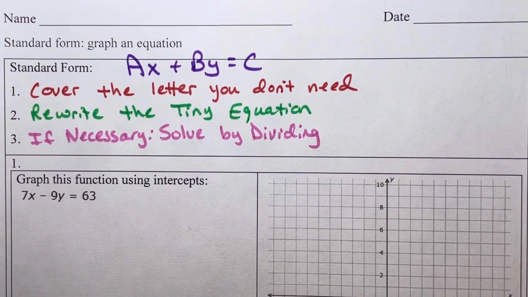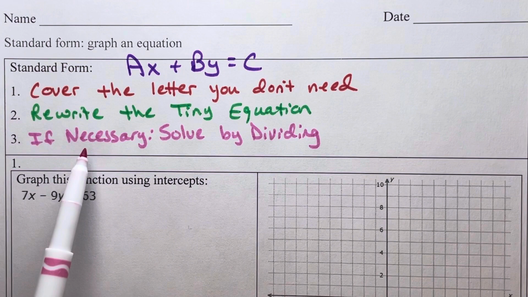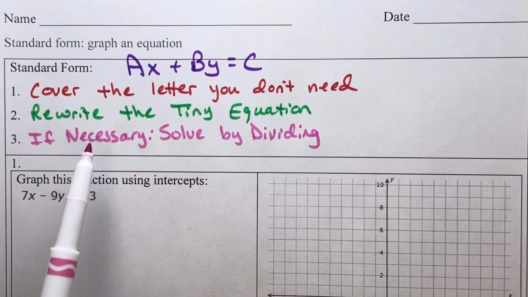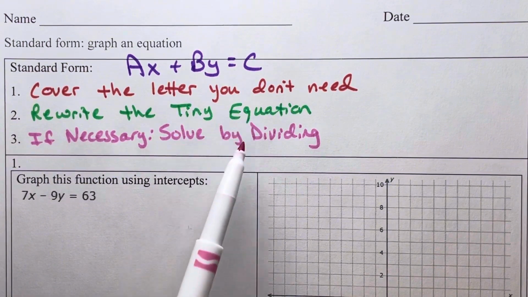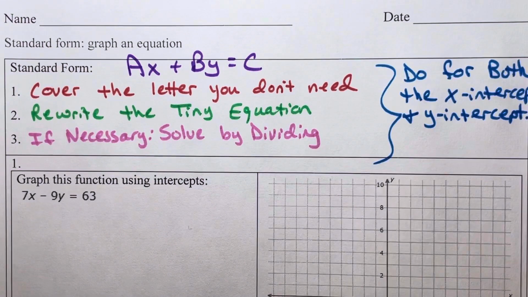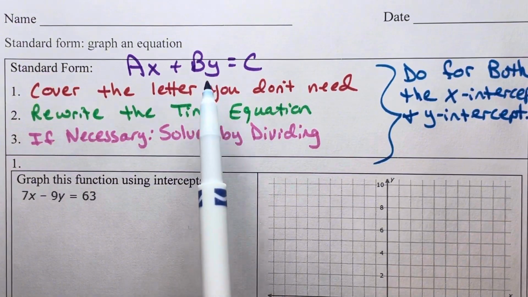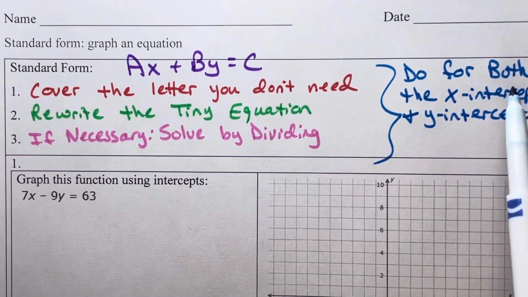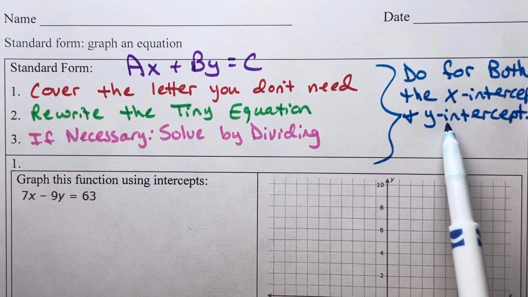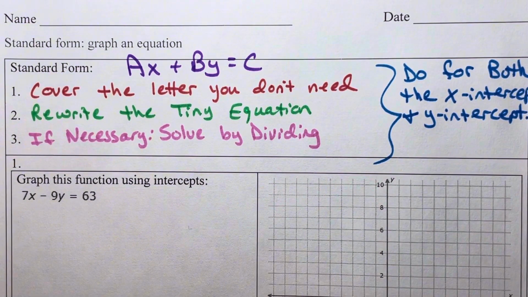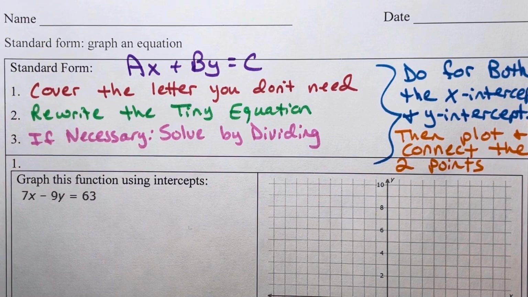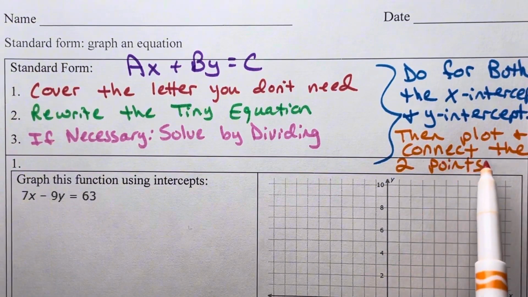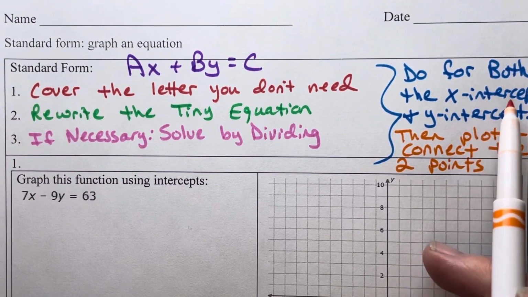Your third and final step is an if necessary: if necessary, solve that tiny equation by dividing. We're going to do our 3 steps for both the x-intercept and the y-intercept. Finally, you will plot and connect the 2 points, the 2 intercepts.